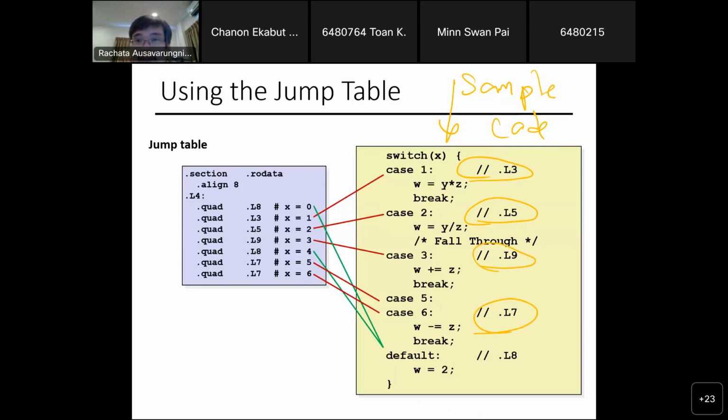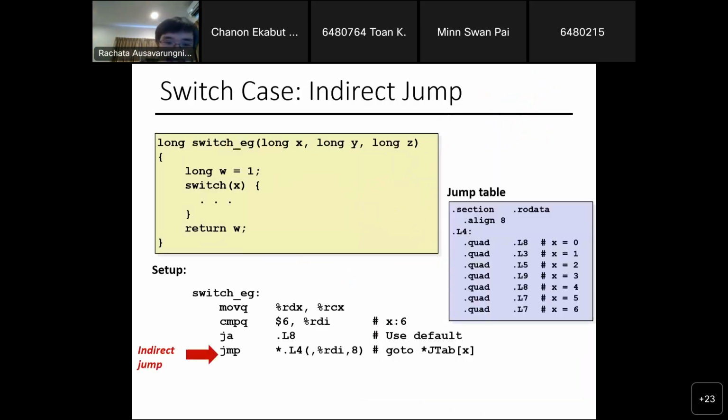All right. So that's how you can write an indirect jump and how you can cover the switch case, right? Which you see here, jump star L4. This is the indirect jump to our table, that multiple-row table. This is our jump table.